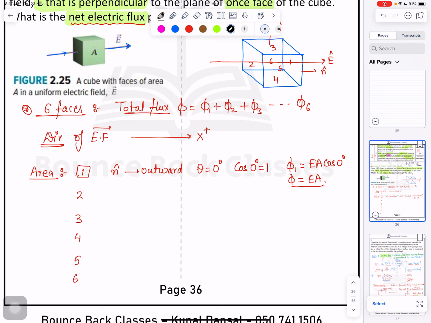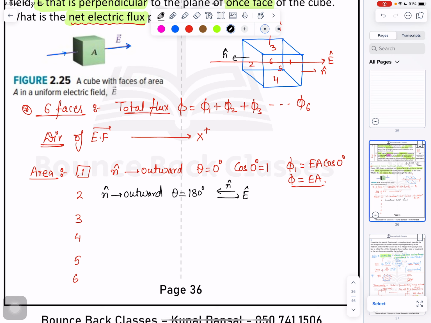It should be on this side, n cap outward. But what is the angle? Can I say theta is equal to 180 degrees? See, try to understand. N cap goes this side, electric field this side. So theta is 180 degrees.